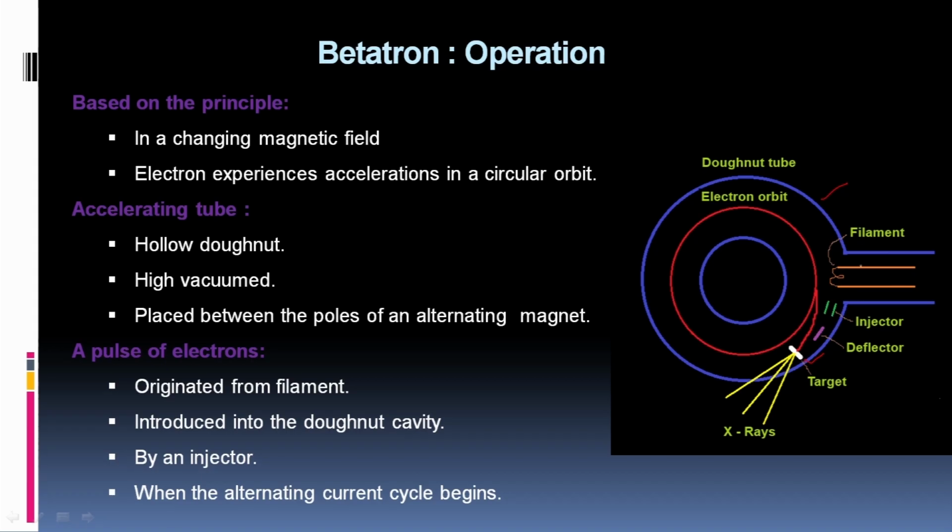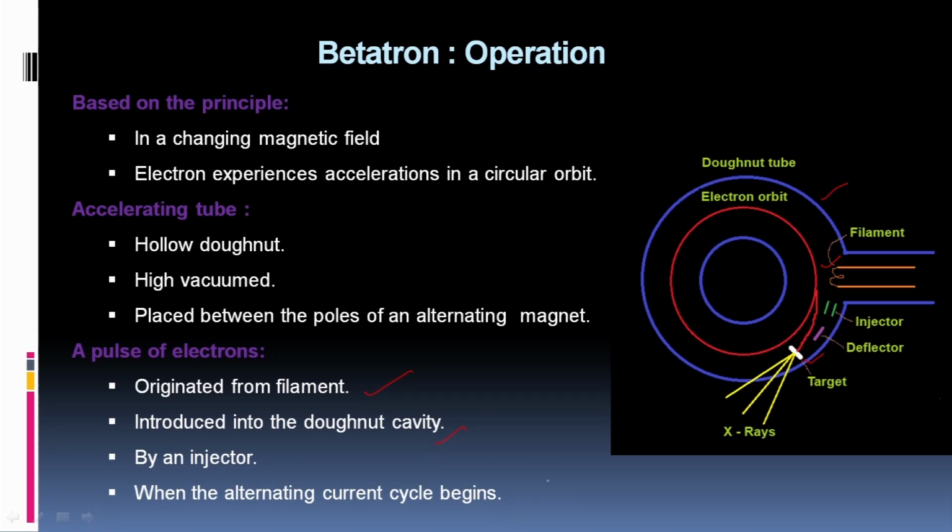A pulse of electrons originates from the filament and is introduced into the donut cavity by the injector.